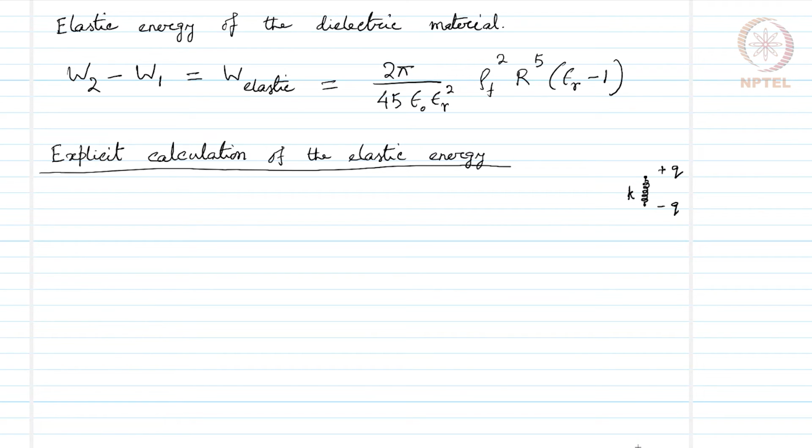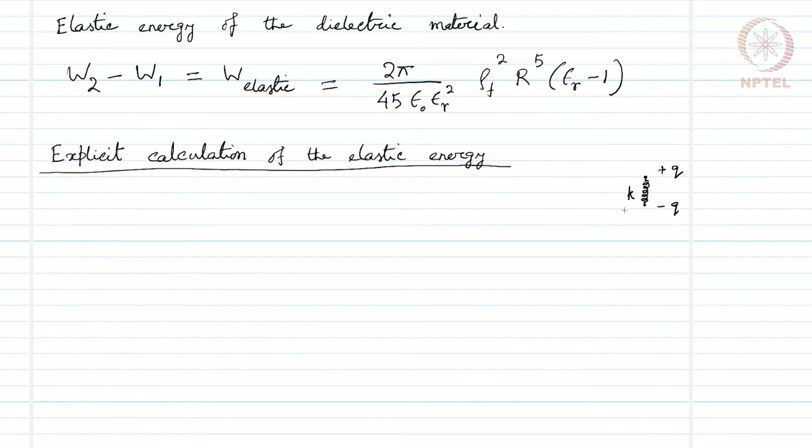We can assume this kind of a system, a collection of these representing the dielectric material. In the absence of any electric field, the positive and negative ends of these two charges coincide, they fall on each other.